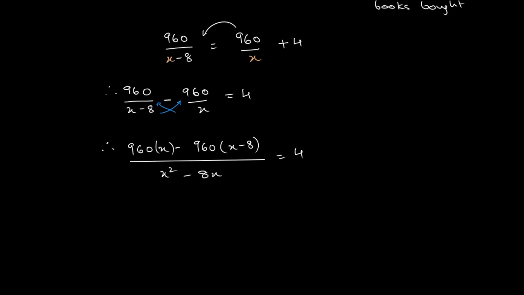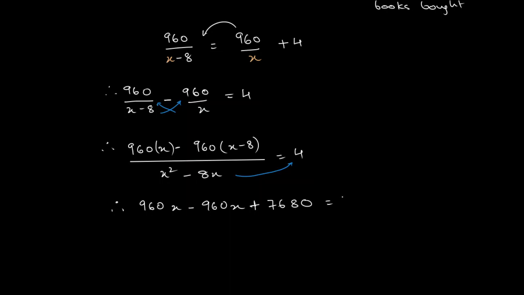Right. Now, since we don't want terms in the denominator, we would like everything to be in the numerator. We have a good quadratic equation. We'll take this from the left-hand side to the right-hand side. And so what I end up with is 960 into X, so that's 960X, and minus 960 into X, so that's minus 960X. 960 into minus 960 into minus 8, so 8 zeros are 0, 6 eights are 48, 4 carry, 72, 76, so it will be 7680, but it will be plus 7680 because minus into minus here will give me plus.